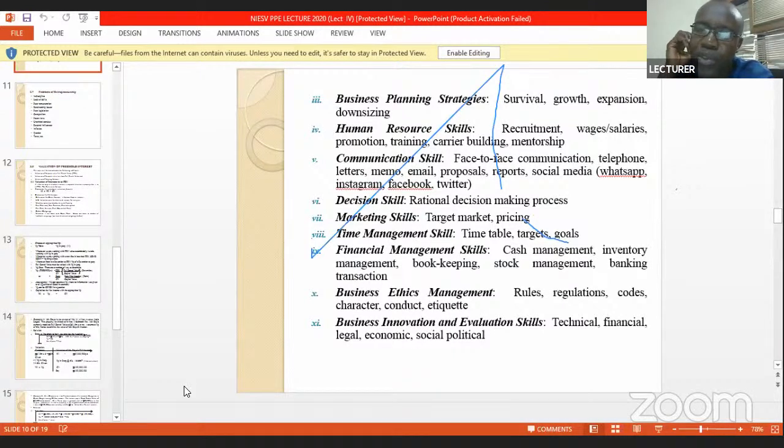Very, very important. The reason why you need to investigate information is to sieve out the good information from the bad information. Some information may be sent to you just to mislead you. I'll give you an example.